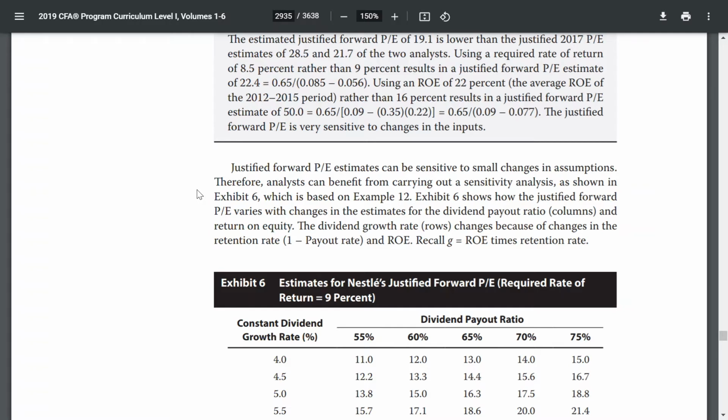The dividend growth rate, the rows, changes because of changes in the retention rate, or 1 minus the payout rate, and the ROE, the return on equity. Recall, g equals ROE times retention rate.